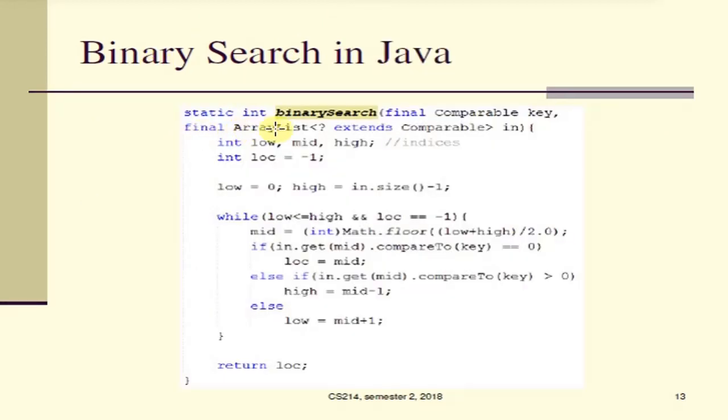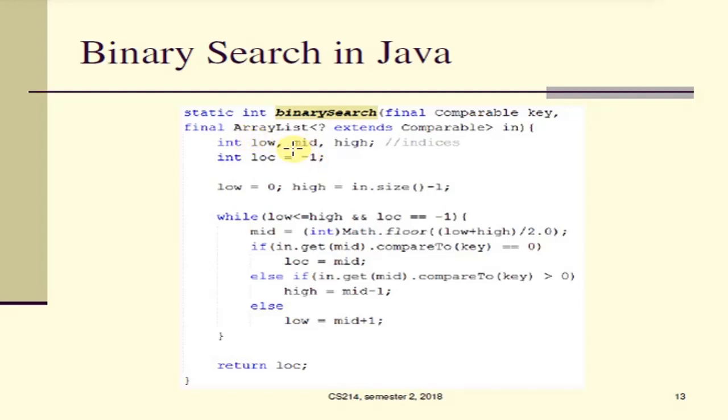Let's say we have a binary search method. It's going to again take in two parameters, the key that we are looking for and the array list, which for this method we're going to call in. To keep track of the individual index that we are looking at, again we have our index or lock, and it is starting off with -1.